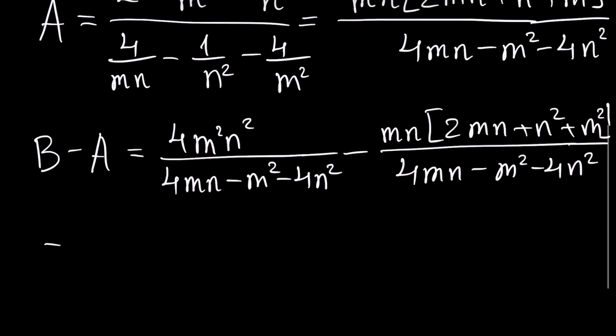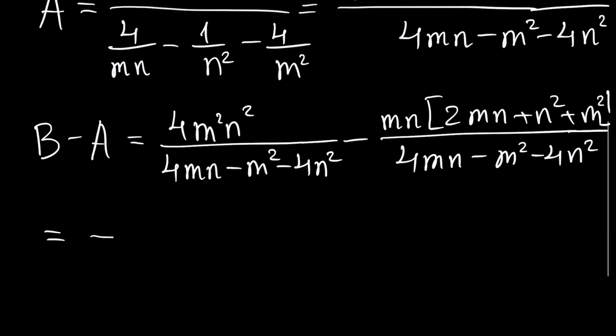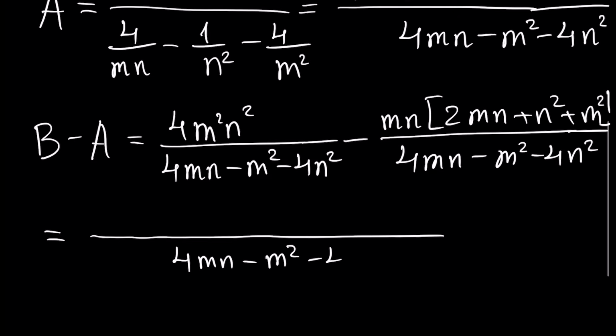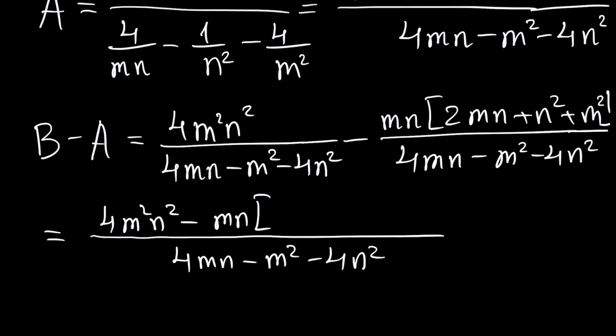And this is equal to, we have a common denominator, so it's quite easy to calculate. In the numerator we will have 4m squared n squared minus mn times (2mn plus n squared plus m squared).